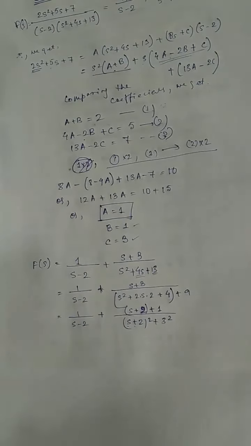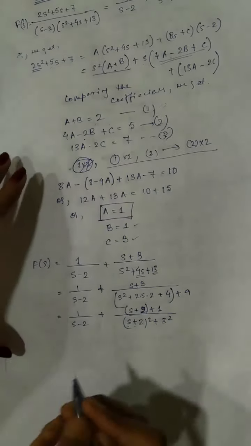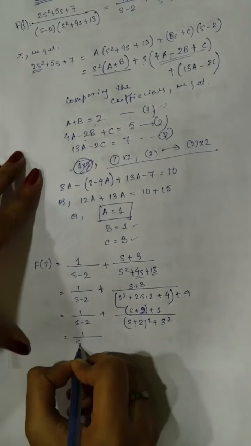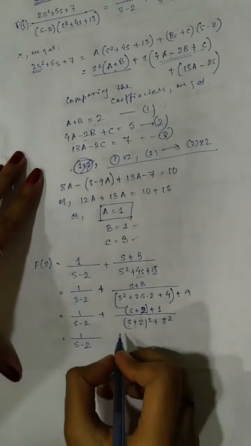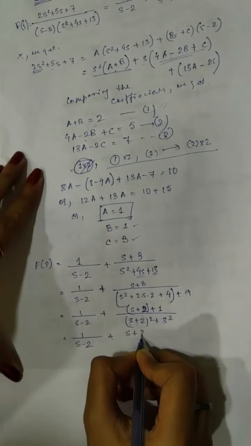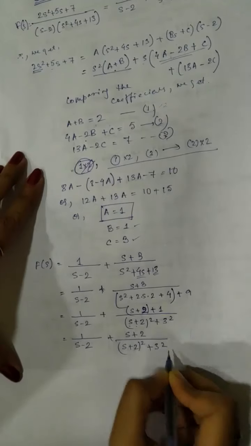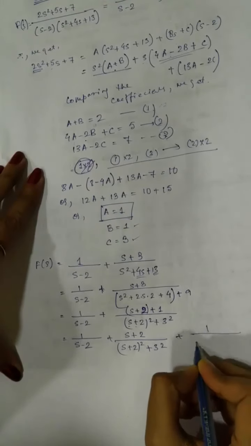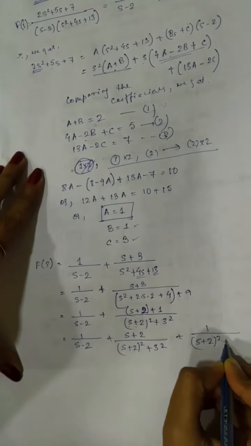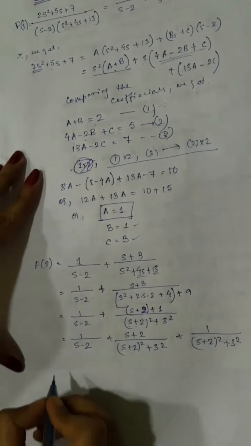The 3 we have replaced by s plus 2 plus 1. So you can write it as 1 divided by s minus 2 plus s plus 2 by s plus 2 square plus 3 square, and then you make it a separate term, 1 by s plus 2 square plus 3 square, right?